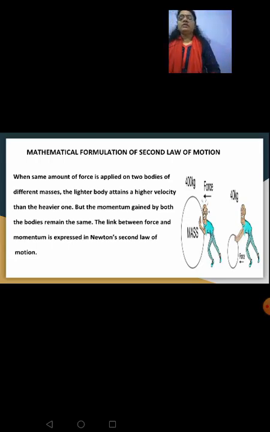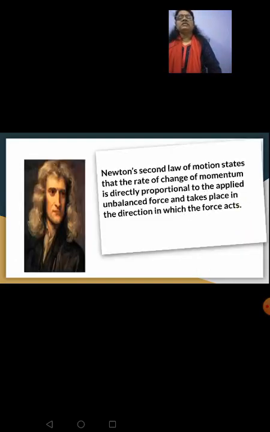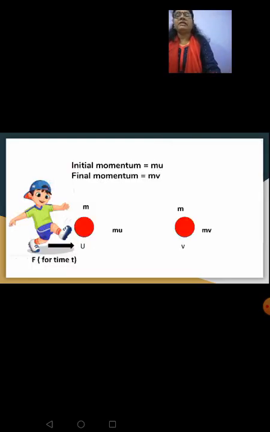The link between force and momentum is explained in Newton's second law of motion, which we saw in the previous class: the rate of change of momentum is directly proportional to the applied unbalanced force. Now we are going to start with the mathematical derivation for Newton's second law of motion.